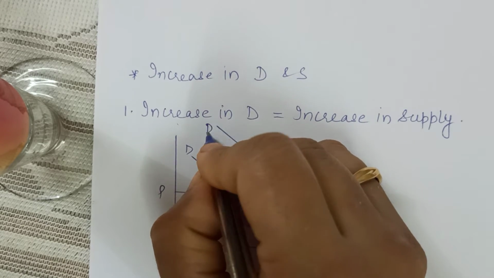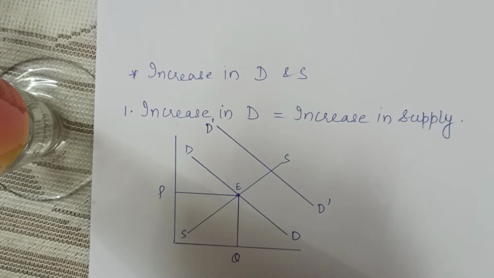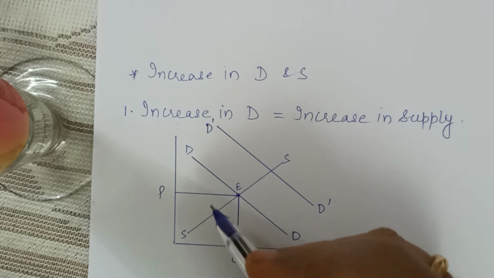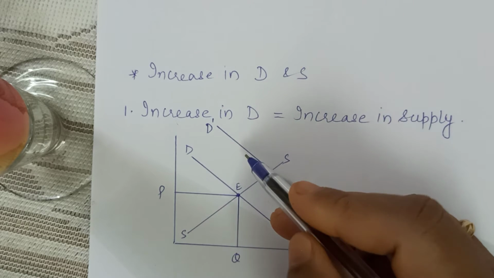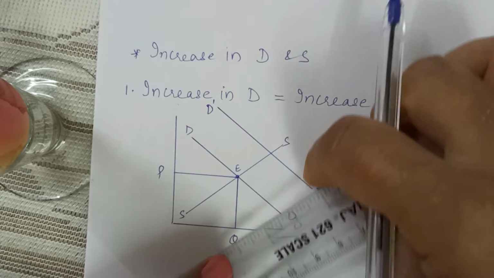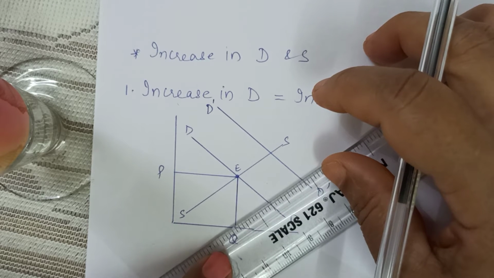We will get new demand curve D dash D dash. And here it is given increase in demand will be equal to increase in supply. It means whatever changes are occurring in the demand, the same changes will occur in the supply.